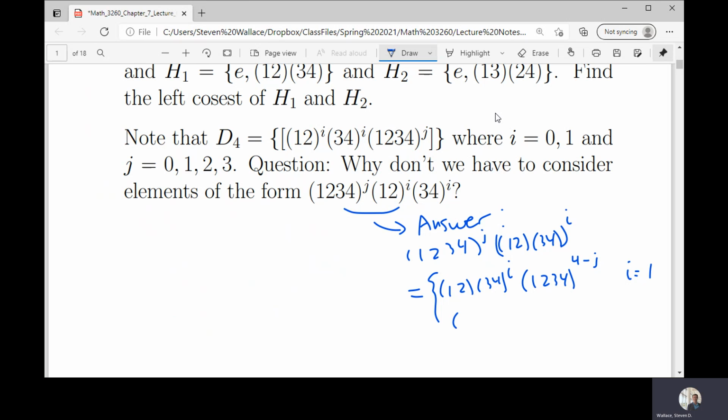And if i equals 0, it's just the same thing, nothing changes.